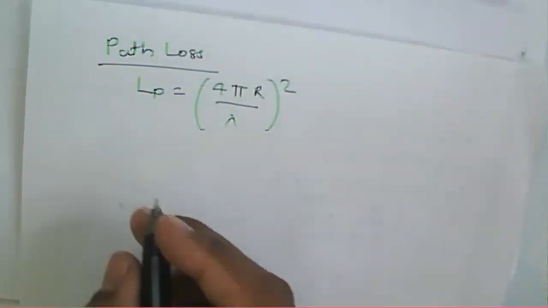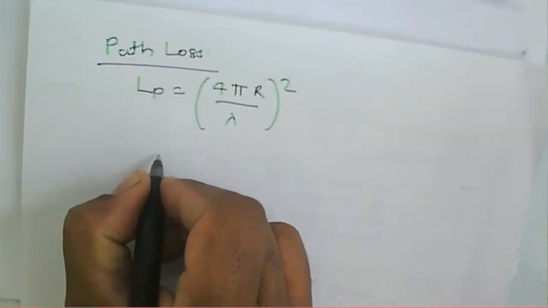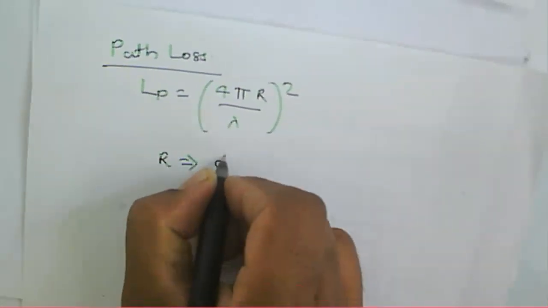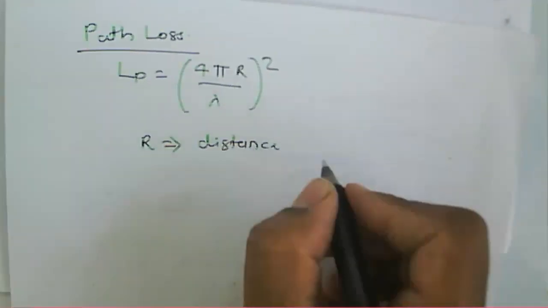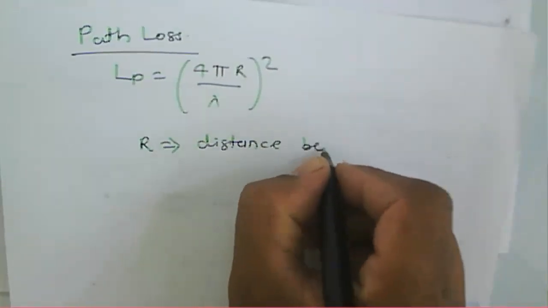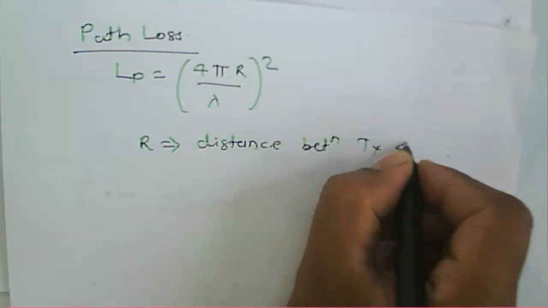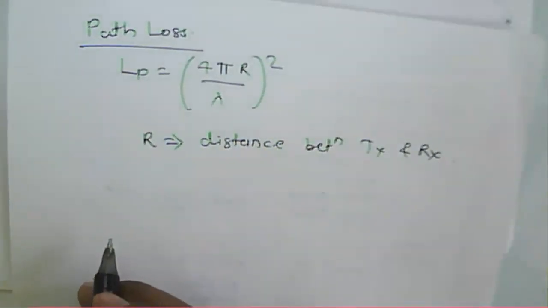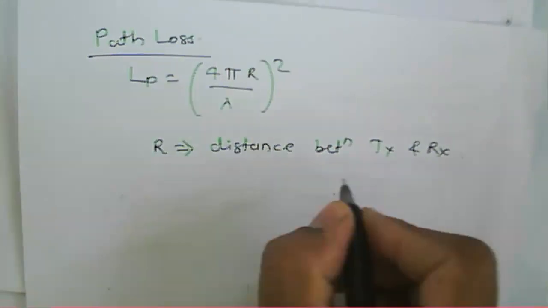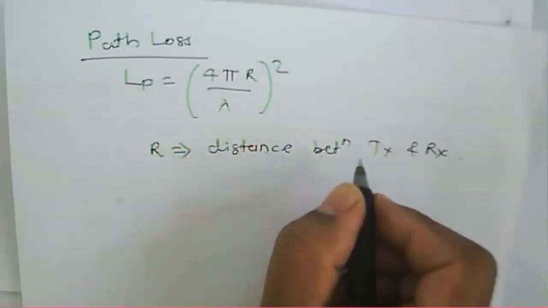And this one is about a path. And this path loss is depending upon the distance between the transmitter and a receiver. Distance between the transmitter and a receiver. Or you can say a distance between the source and the receiver.